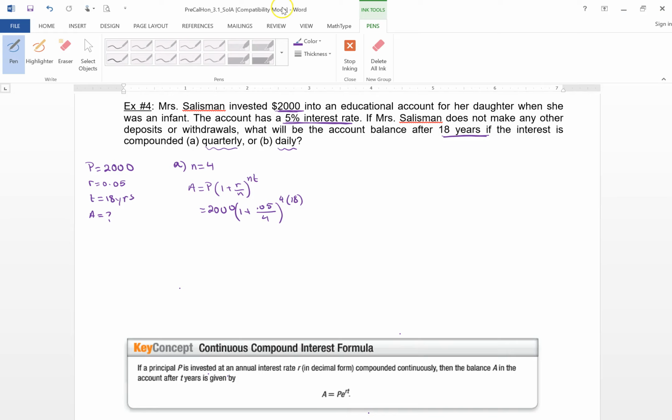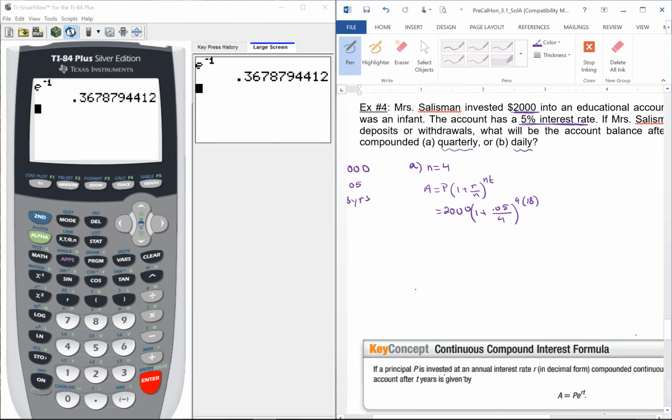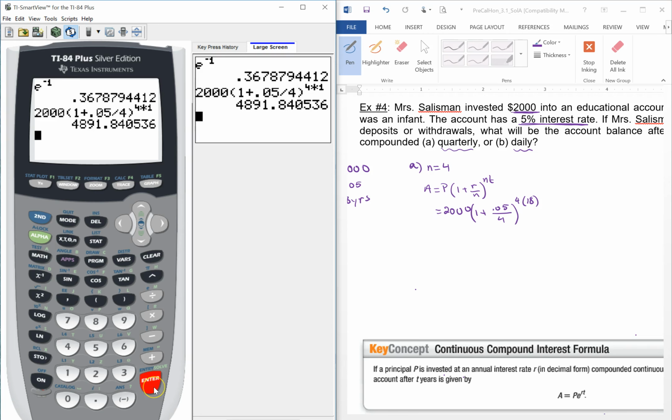So let's do that now. So what we have is 2,000 times 1 plus 0.05 over 4. It sort of looks like that e formula, doesn't it? To the power of 4 times 18. Okay? Enter.